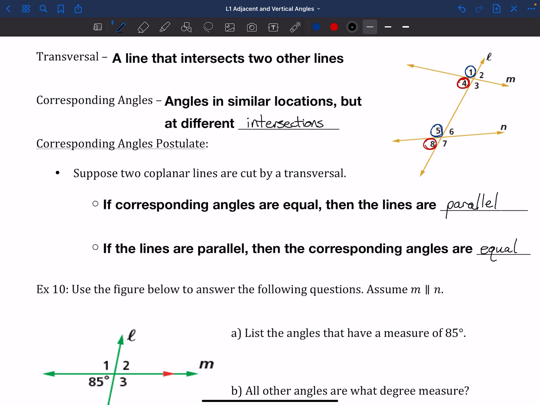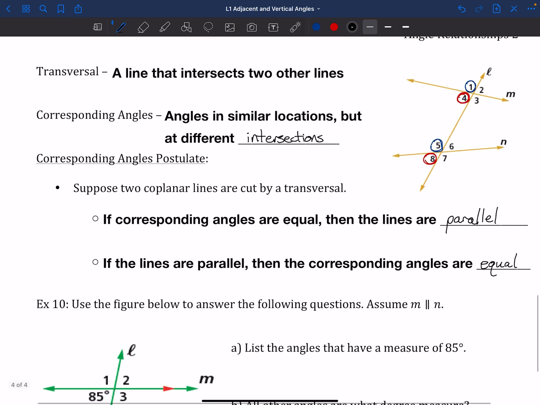So if I know that the lines are parallel, then those corresponding angles will be the same. But that's only if the lines are parallel, so be careful. The lines in that diagram up in the top right of the screen right now are not parallel. 1 and 5 aren't equal, and neither are 4 and 8, or 2 and 6, or 3 and 7. If they were parallel, then we could say that.